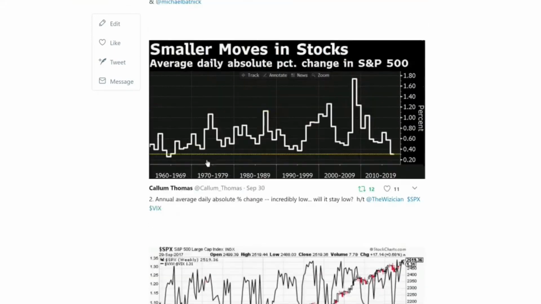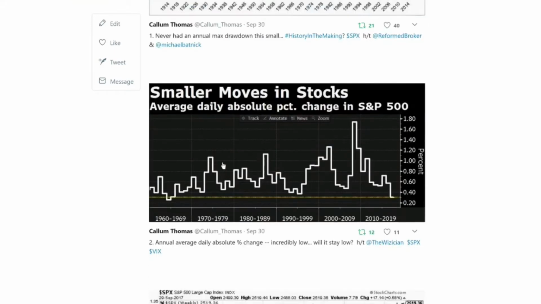So chart number 2, very similar line of inquiry here, and this is again annual figures, and it is the average daily absolute percent change. So for example, a -1% and a +1% would be counted in common terms in order to get the average daily magnitude of price change.